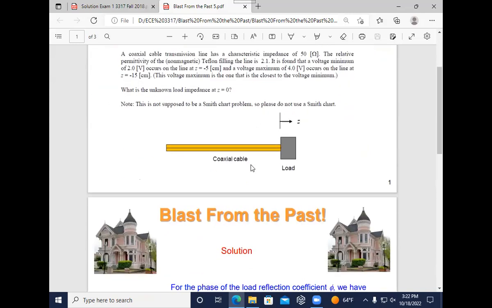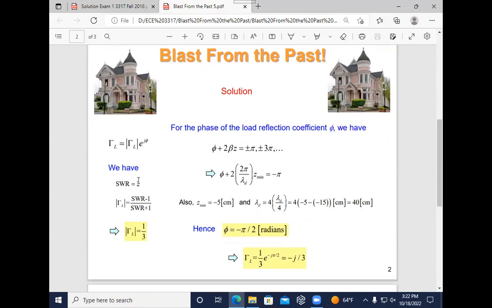And that was very important because that was used to get the magnitude of gamma L. This was used to get the phase of gamma L, right? And then once you have the magnitude and phase, you have the whole complex number. So here's the whole complex gamma L, which if you like, you can also write it like that. But anyway, there's the whole complex gamma L.